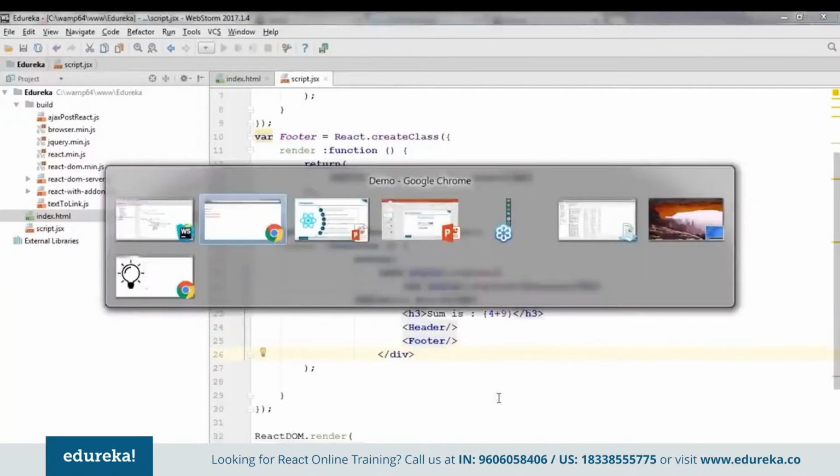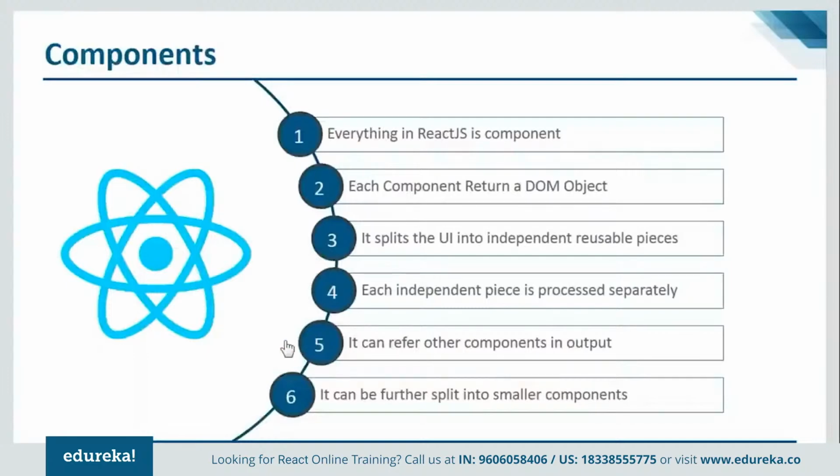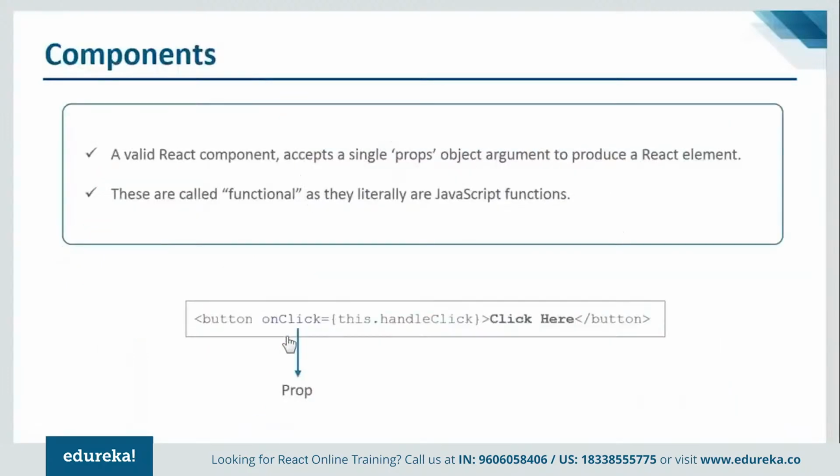Now let's go further in our PPT. Okay, so here a valid React component can always accept a single object argument and then produce a React element. Now these are called the functional elements, as they are literally JavaScript functions, as you can see. So here we are calling one handle click function. Now whenever this function is called, it will always return us one HTML representation.